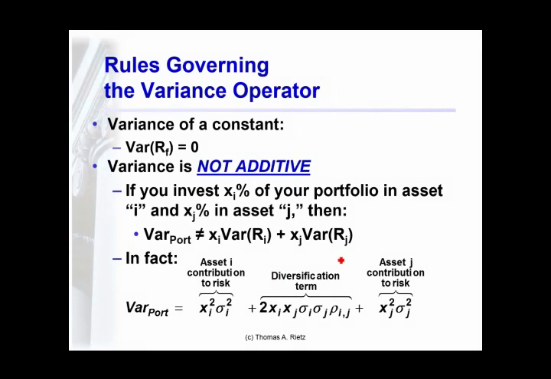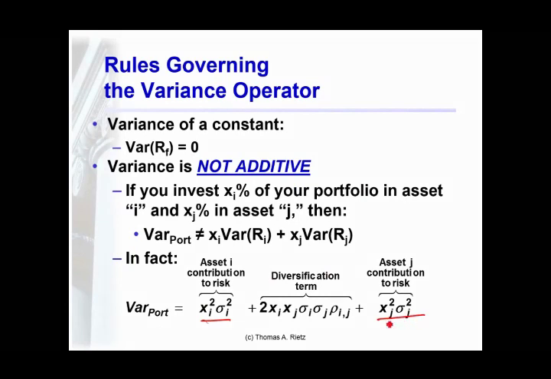So there are 3 components to risk if you have a 2-investment portfolio. One of them is an individual contribution to risk from the first investment. That is in proportion to the investment weight squared and the risk of that investment measured by its variance. There is also a contribution to risk coming from the other investment in proportion to its weight squared and its variance.